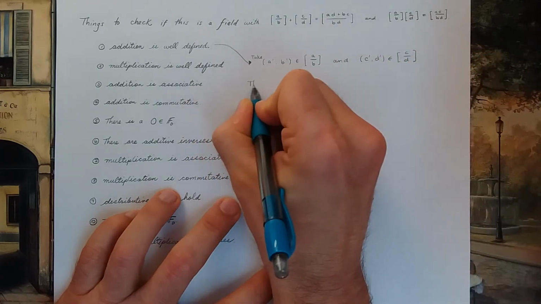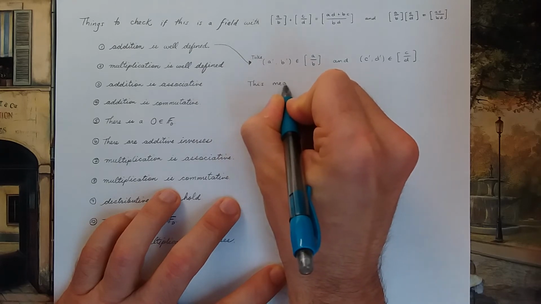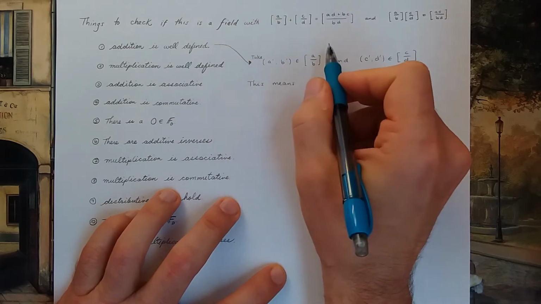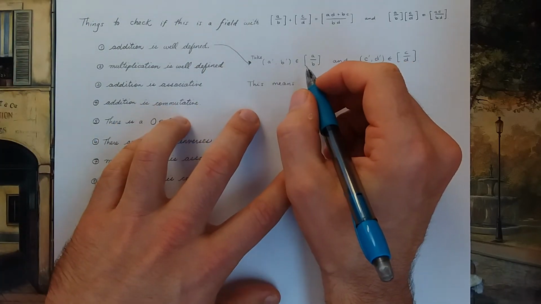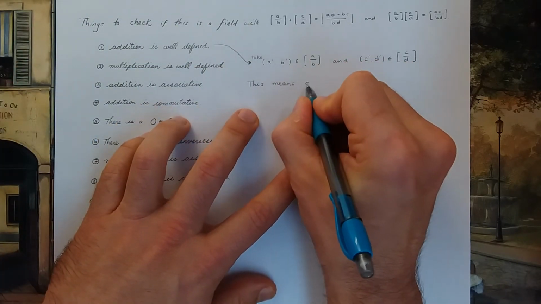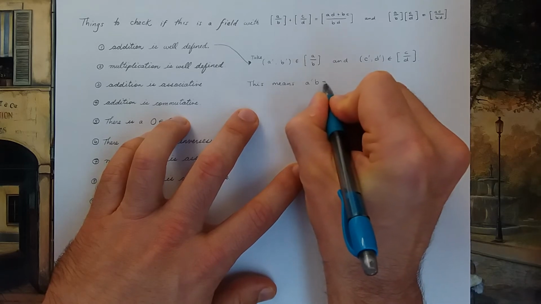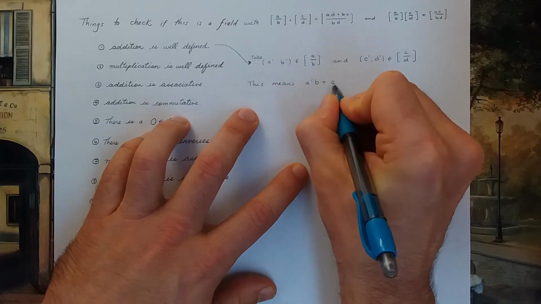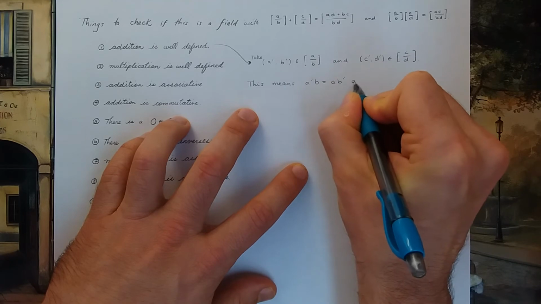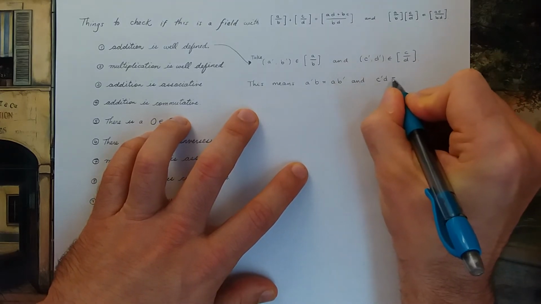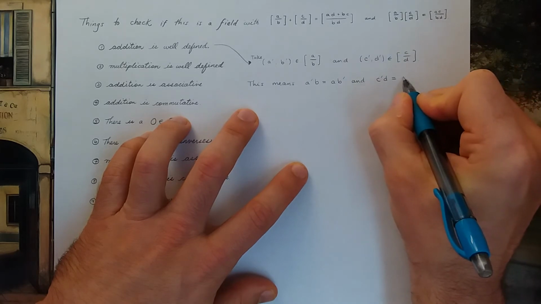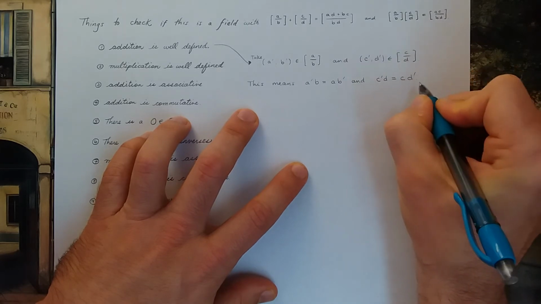Now what does that mean? This means that using the definition of equivalent, we have that A prime B should equal A B prime, and similarly, C prime D should equal C D prime.